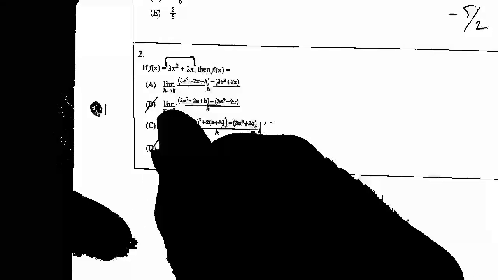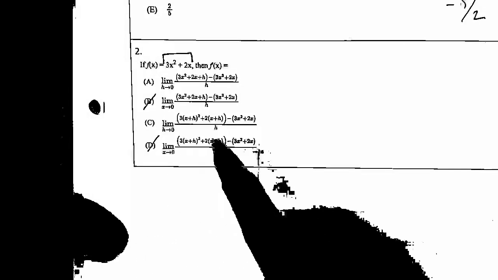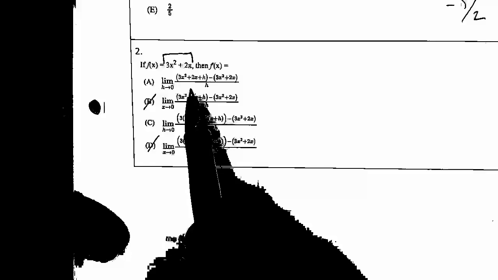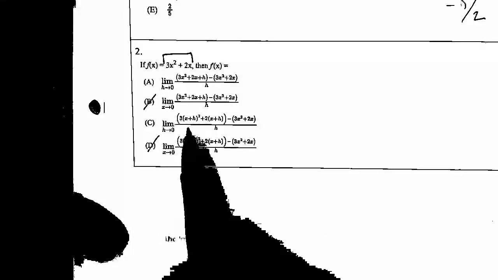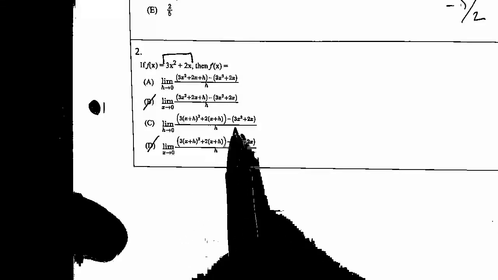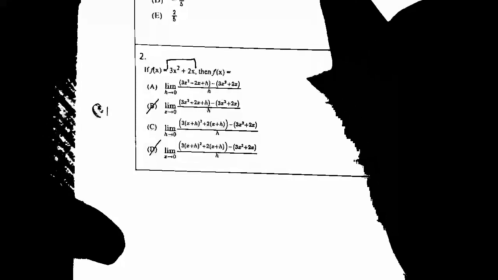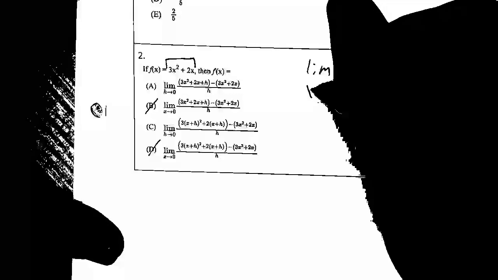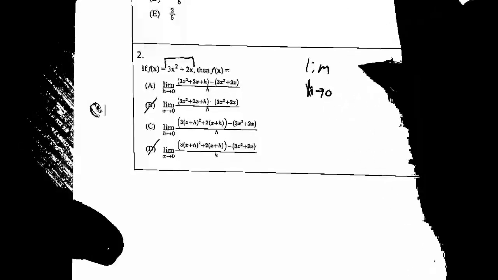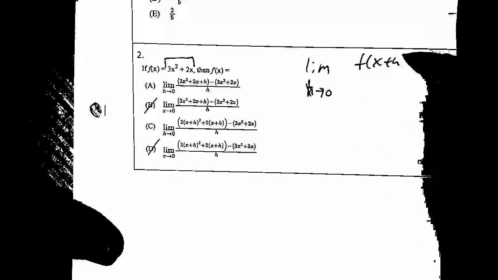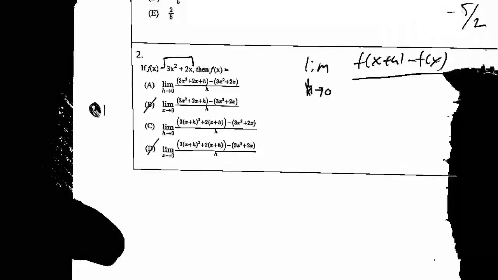So B and D we can eliminate because it says x approaches 0, it's h approaching 0. And then I have two options. It's either 3x squared plus 2x plus h, or 3x plus h squared plus 2x plus h. So when we fill in, again, the limit definition is the limit as h approaches 0 of f of x plus h minus f of x over h.